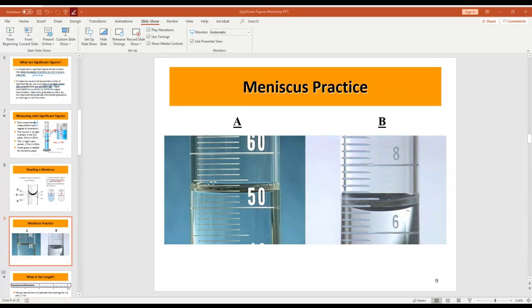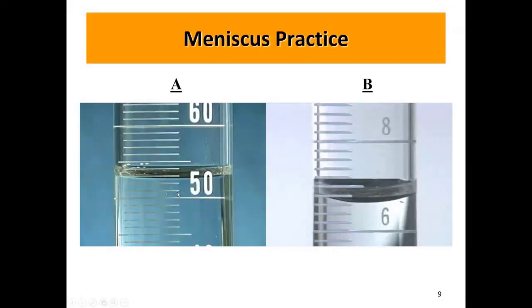So, going back to the PowerPoint, if we're looking at this, I'm actually going to go ahead and mark this up just a little bit. This is 51, 52, and this third line here is 53.